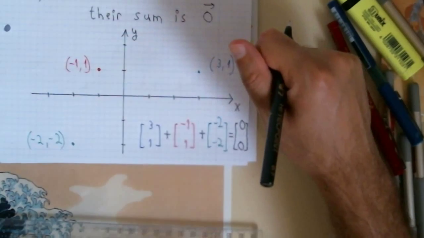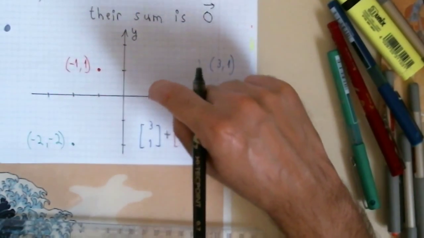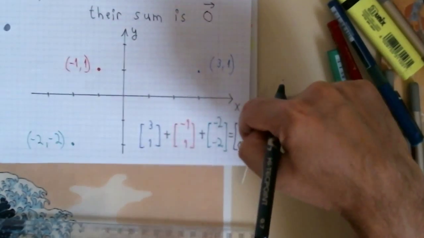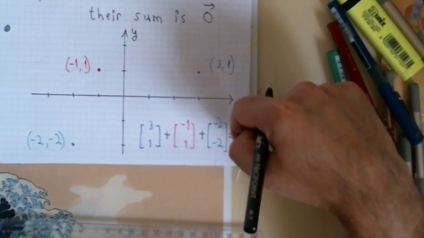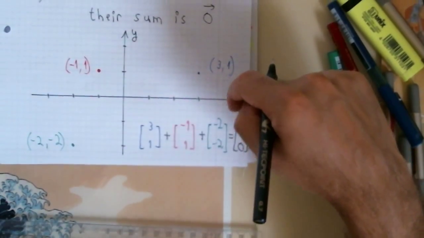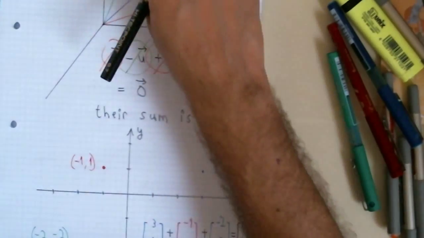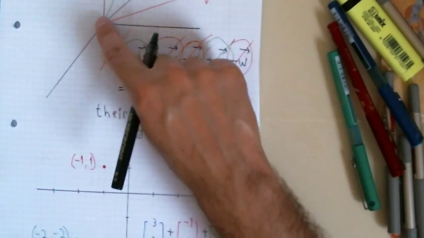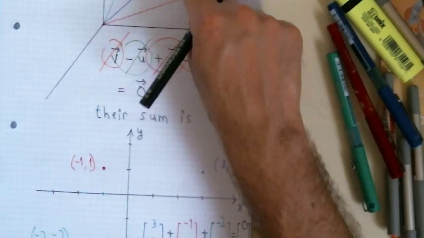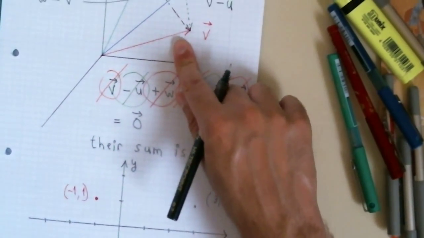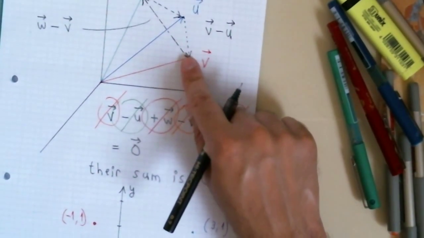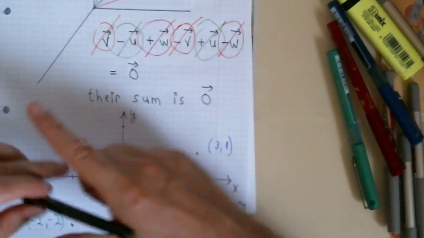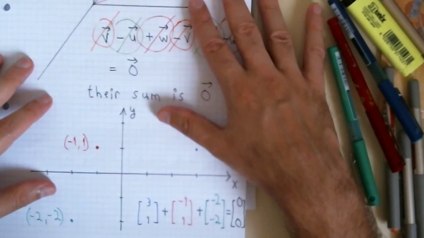So in this specific example, we got 0, 0. But in other examples, it won't bring us to the origin, but it would bring us to the same point. You understand? So this is question 21. Thank you.